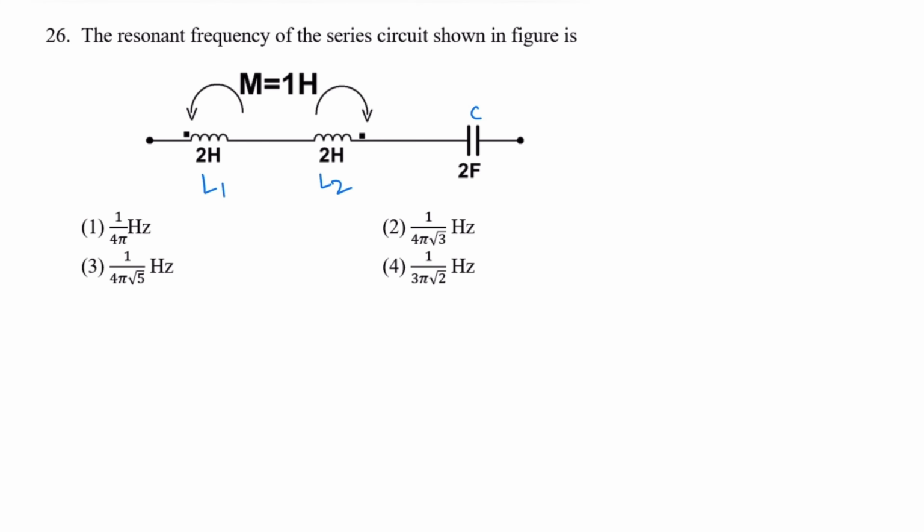So from this, these two inductors are series opposing. Series opposing coils are two coils connected in series but magnetic fluxes oppose each other. So for this series of coils, the equivalent inductance is L1 plus L2 minus 2M. It is obtained by using the dot method.